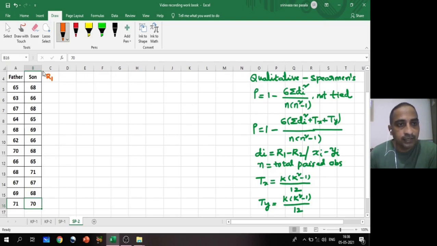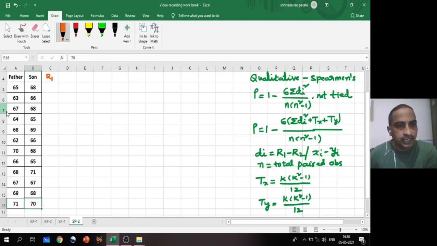Traditionally, the highest marks are given the first rank. The same criteria we have to follow here, or you can follow the lowest marks as the first rank, whatever it may be. There is no problem, right? But you must follow the same methodology in the next series also, right?